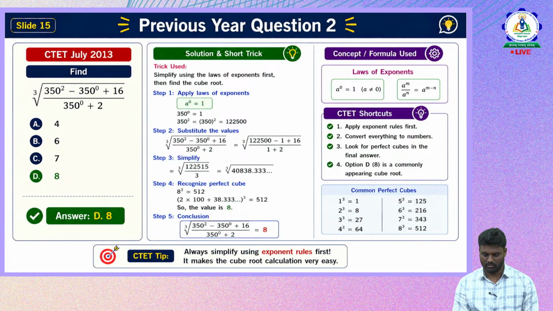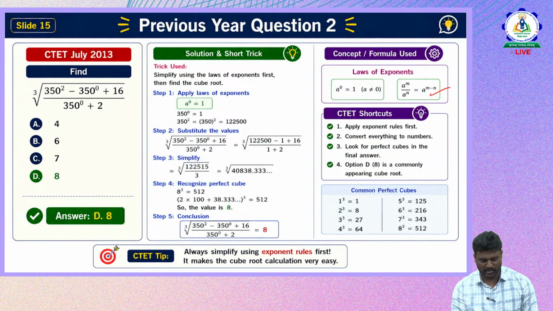If you recall, a to the power of 0 is equal to 1, so here, with a equal to 350, 350 to the power of 0 is 1. Then the other concept is a to the power of m divided by a to the power of n is a to the power of m minus n.